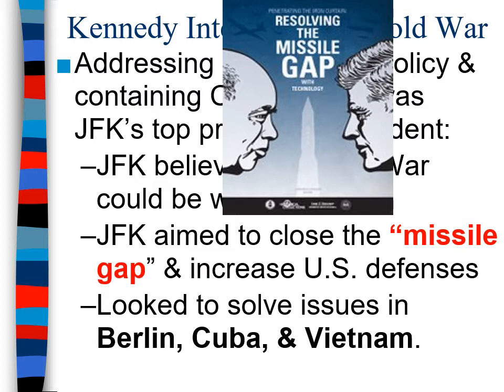The belief at the time was that the Soviet Union had overtaken the United States in the later part of the 1950s when they were the first nation to successfully get a satellite into space. You may remember the name Sputnik. And when that satellite is launched into space, it creates a fear amongst many Americans that the United States is losing the Cold War.